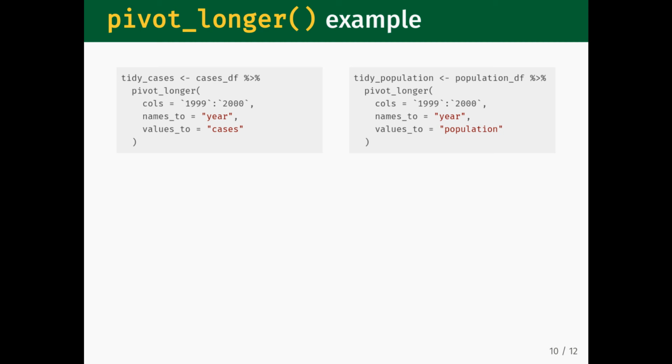A common mistake that I see a lot of people make is this. Remember that this function never modifies the original data frame. In this way, it is just like all the previous data wrangling functions that we've learned about. For example, here we are pivoting the population_df and cases_df data frames. But neither of those original data frames will be changed themselves.